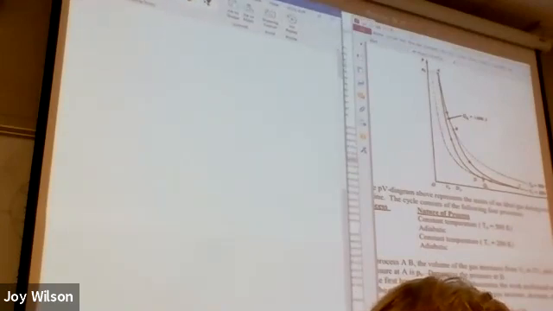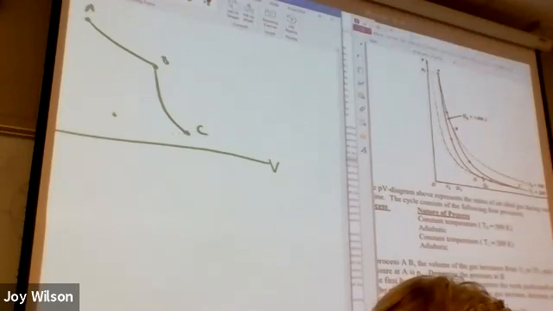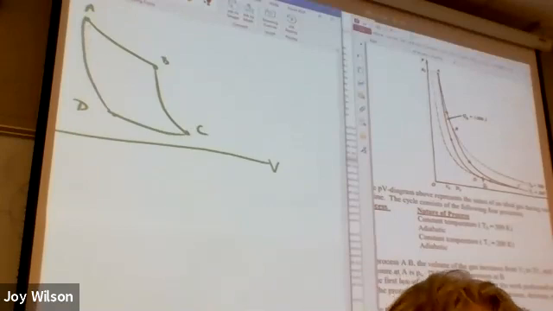So what we've got is a pressure-volume diagram, and you've got point A and point B and point C and point D, and you have these curves: A to B, B to C, C to D, and D back up to A. I've spread everything out so it's easier to see.